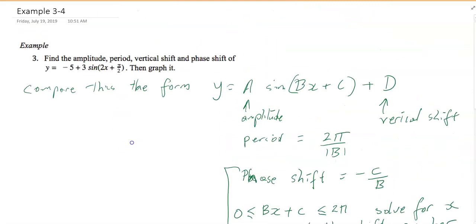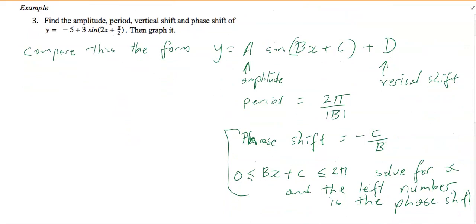Okay, let's do the comparison. We have y equals -5 plus 3 sine of 2x plus pi over 2. Let's find the different parts. Notice the -5, even though it comes first, is actually our d. So d equals -5.